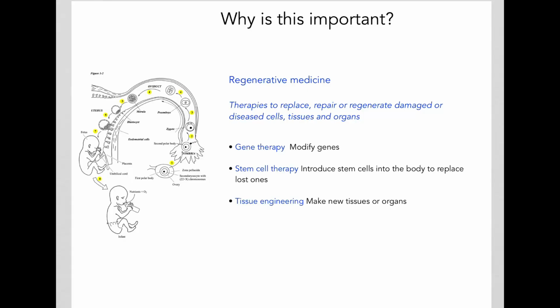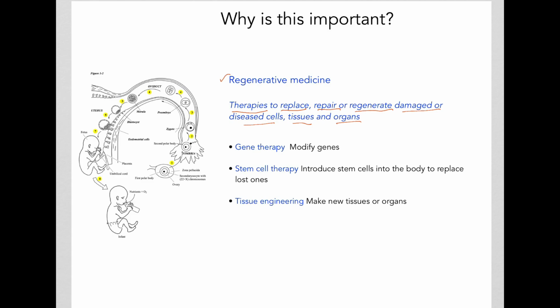One importance of understanding cell differentiation is in the area of regenerative medicine, where we are trying to find therapies that will help us either replace, repair, or regenerate damaged or diseased cells, damaged tissues, or damaged organs.